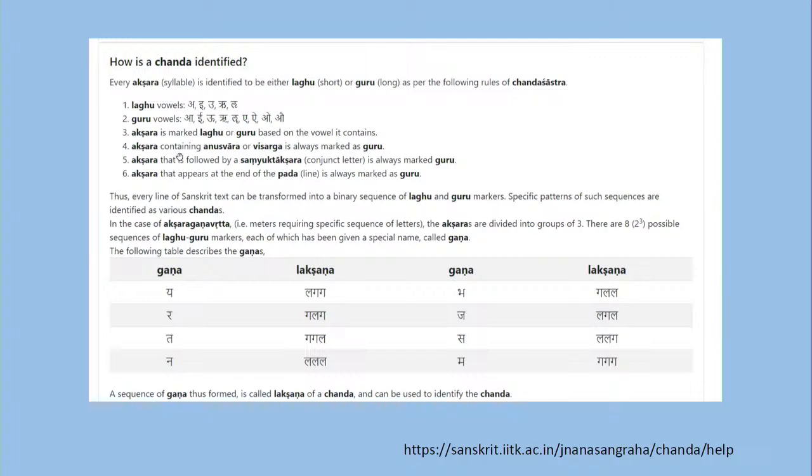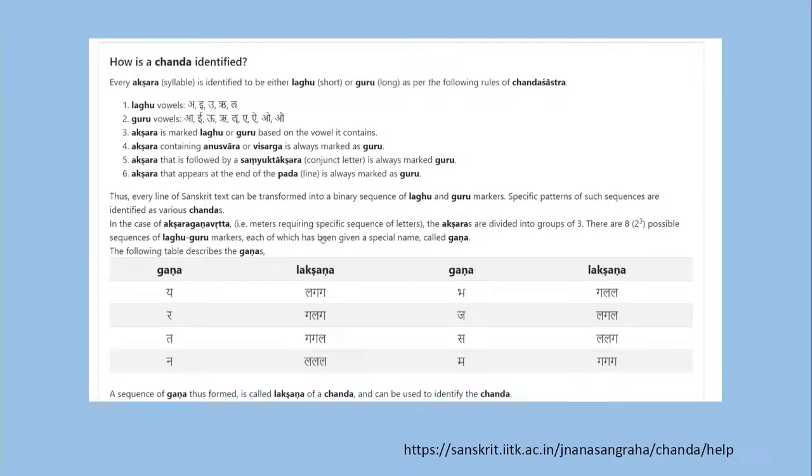And there are other parameters to identify the Laghu and the Guru vowels, like the Anuswara and Visarga is always marked as Guru, and any letter which is followed by a conjunct letter, yuktakshara, would also be considered as the Guru vowel. So in every Sanskrit text, we can actually transform a line into a sequence of Laghu and Guru vowels, Laghu and Guru aksharas, sorry.